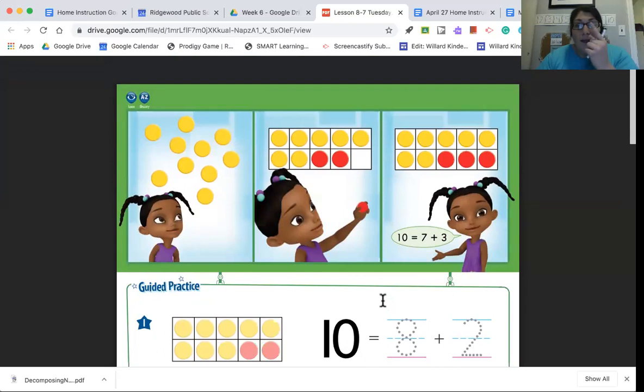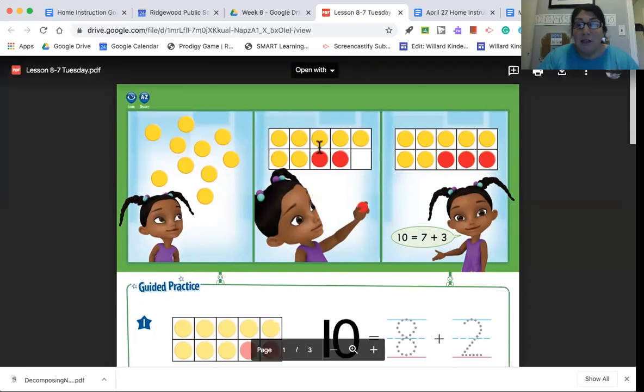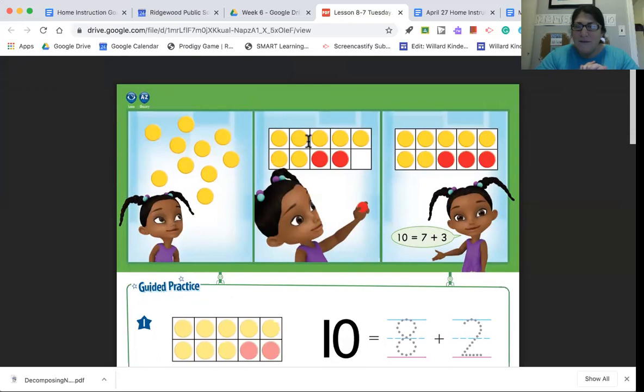Now, the one thing that sometimes kids forget, and you can see here, is that when we use the 2 different colors in the 10 frame, we want to make sure that they're grouped. So all the yellows stay together and then the reds. Sometimes at the beginning of the year, we talk about patterns, but these 10 frames are not to show patterns. They're to show a group of yellow and a group of red.